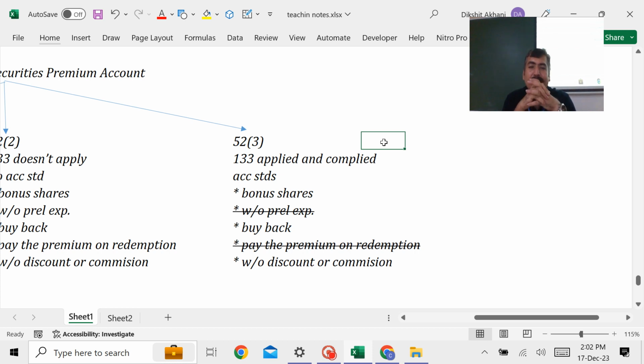Interpretation number one, look at the words, 133 applied and complied by the company.